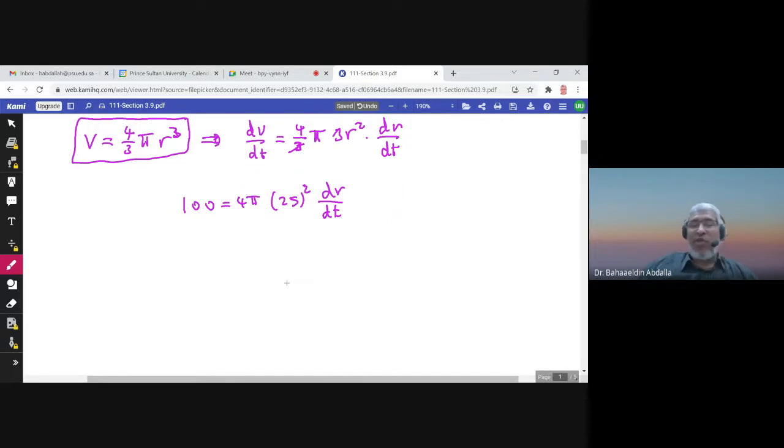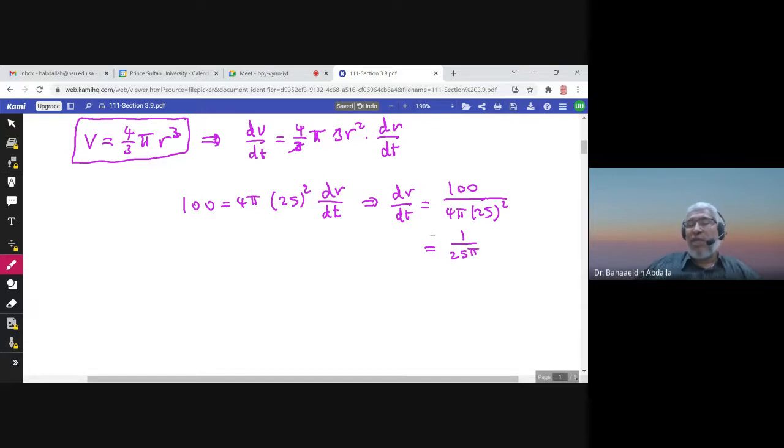So solve this equation for dr by dt. How? We divide 100 over 4 times pi times 25 squared. So 4 times 25 would be 100. So the answer would be 1 over 25 pi.